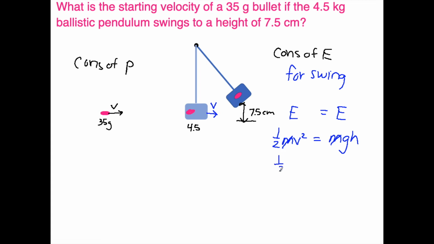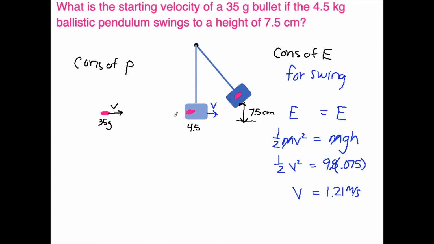So I have 1/2 V squared equals 9.8 H. My height is 7.5 centimeters. Make sure you put that in meters. So I'm going to divide by 1/2, and then I'll take a square root. And I get 1.12 meters per second. But I'm not done.